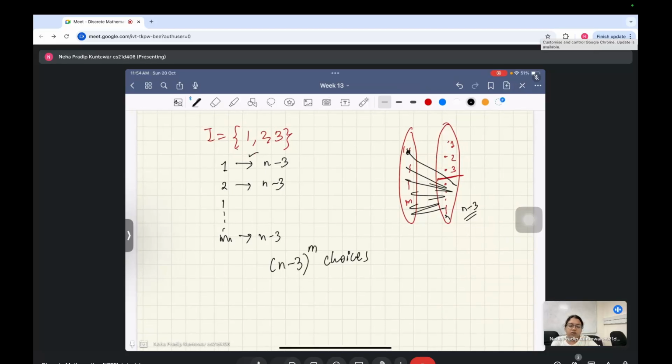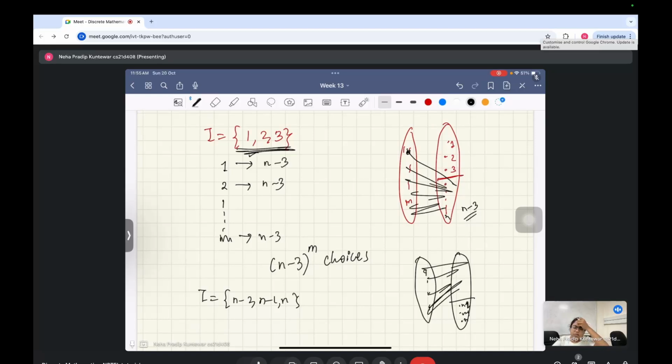If I do not want to cover the numbers 1 2 3, but let's say I is n minus 2, n minus 1, n, and then let's say this is what I is. Then what happens is I'll not touch the last 3 elements, and I'll just add my arrows like that.